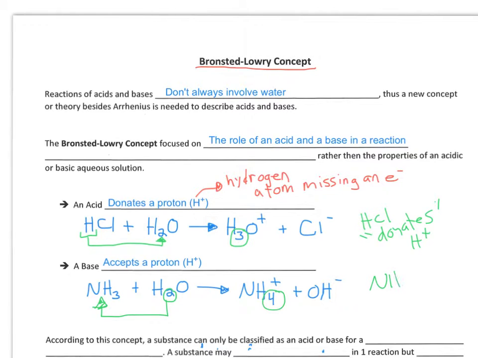So this time the NH3 steals the H plus. We're going to talk about how water plays two different roles, stealing the proton and also donating the proton, in a minute.